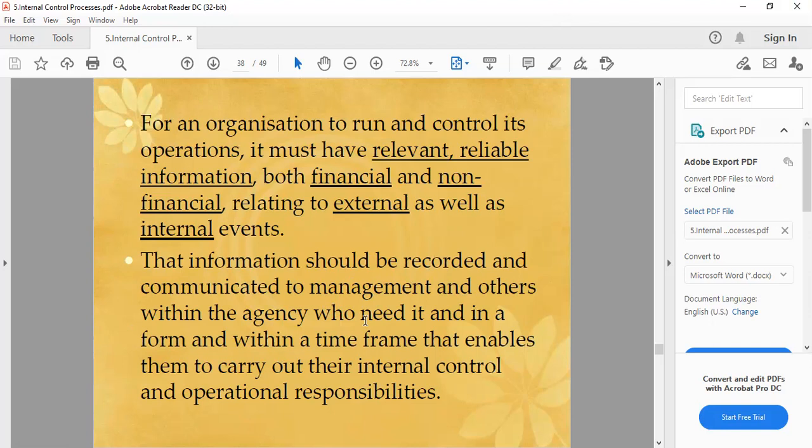So IAS 1 about presentation of financial statements, even with the overview of accounting and conceptual framework, there is a constraint, or one of the constraints of our financial reporting would be accuracy versus timeliness. So we have to make sure that when we make any report and communicate it, it should be timely, but of course of quality.